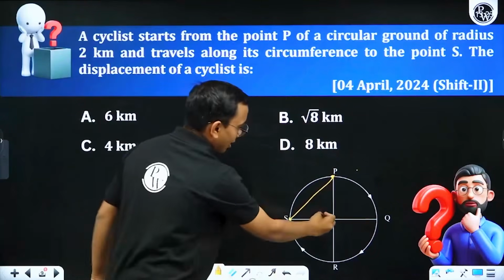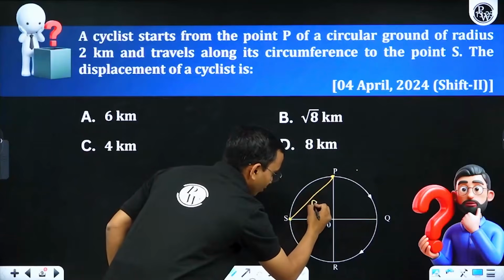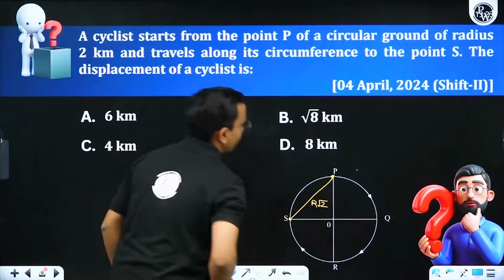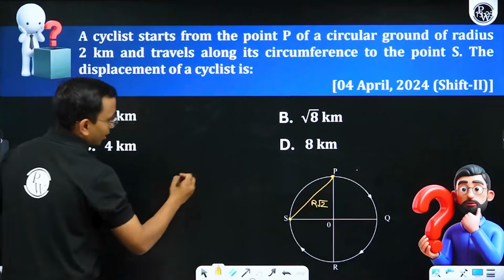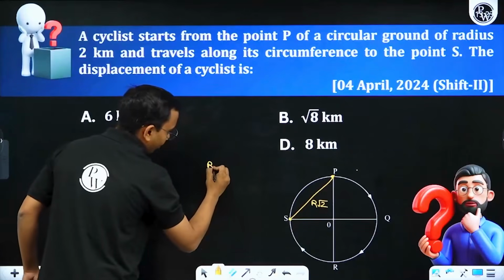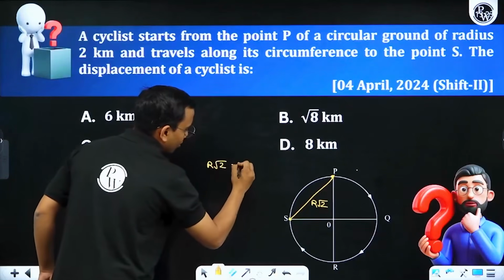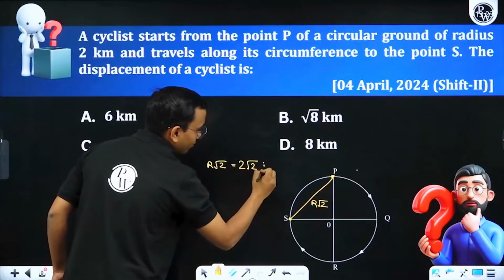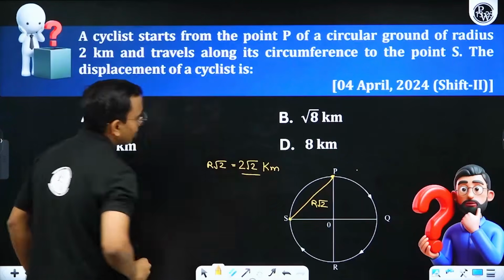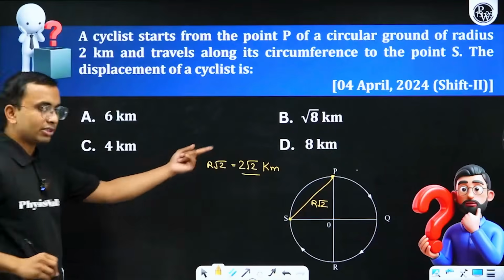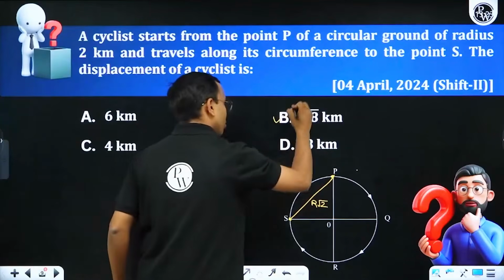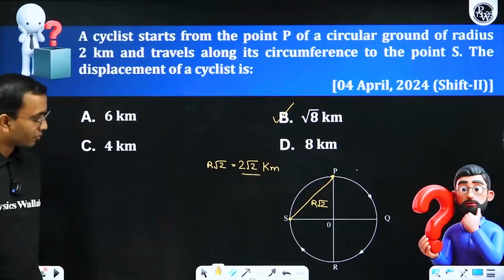This is r, this is r, so this is r root 2 simply. And what is r? 2 kilometer. So r root 2, that is 2 root 2 kilometer. Which option is correct? 2 root 2 means that is root 8, so root 8 kilometer. Got it?